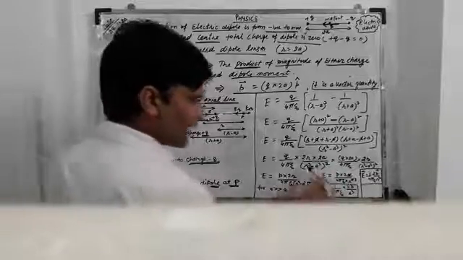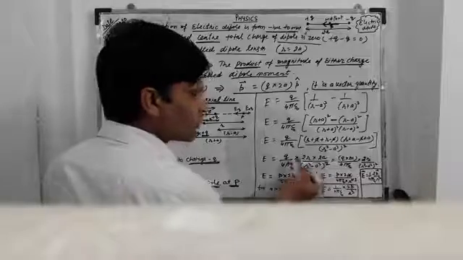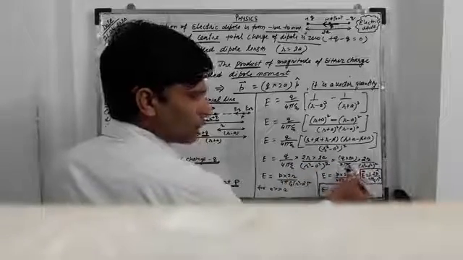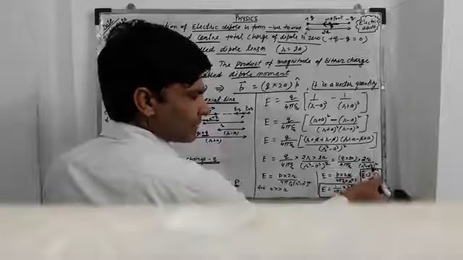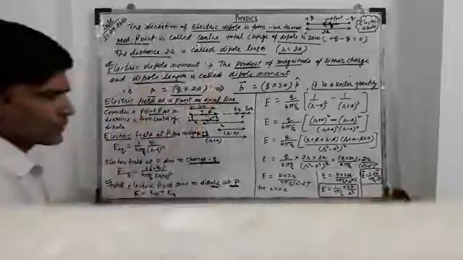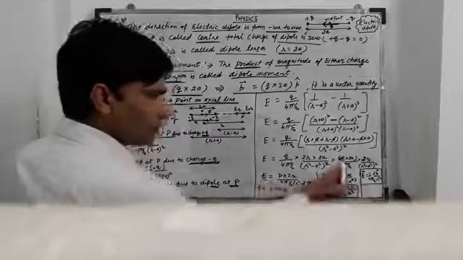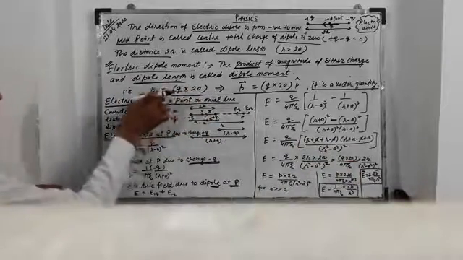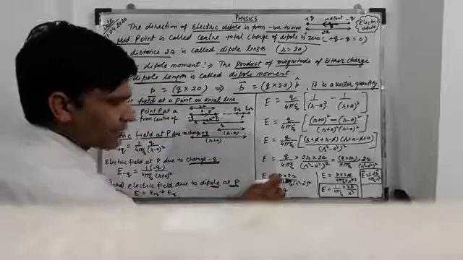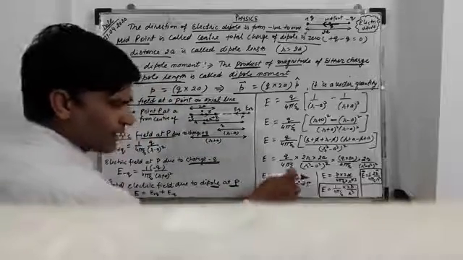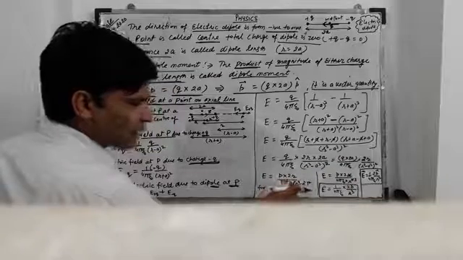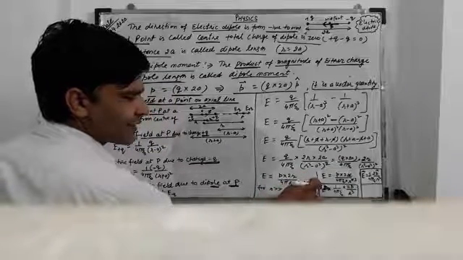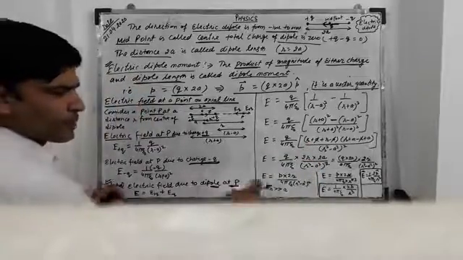Then if we take q into 2a into 2r upon 4 pi epsilon naught (r square minus a square) whole square, we know that q into 2a is p. So put the value of p into 2r upon 4 pi epsilon naught (r square minus a square) whole square.